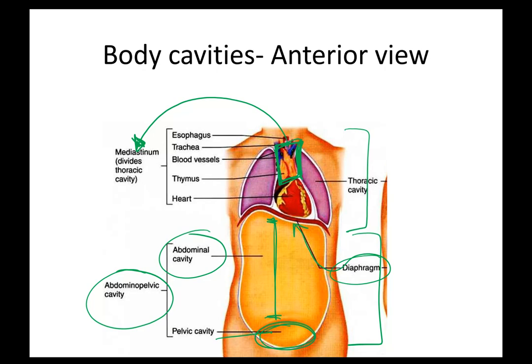They're all located in that space. Now, around the heart, you have another cavity called the pericardial cavity. Peri means around, cardio means heart. So knowing that, you know exactly what's sitting inside of that. That's what holds the heart.